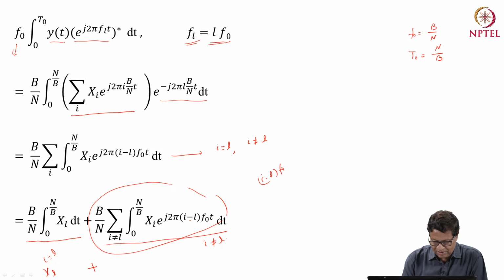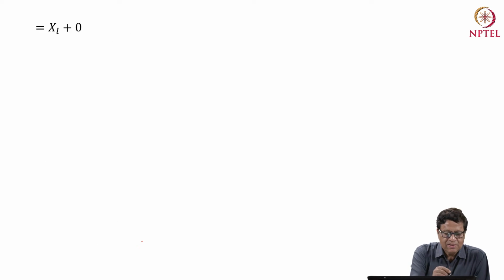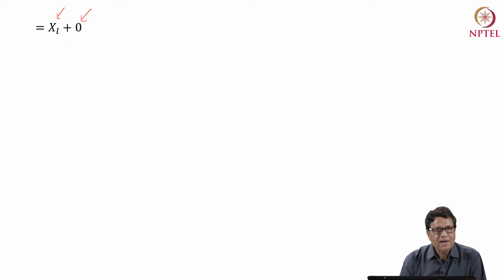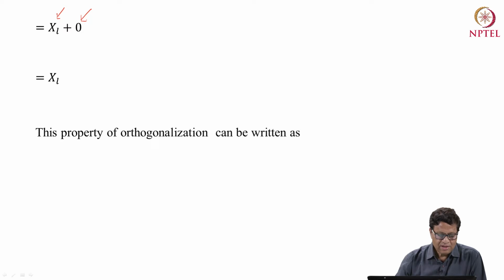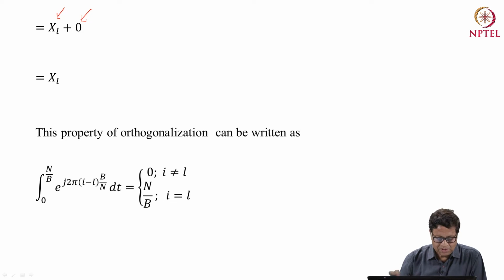It also amounts to saying that all the frequencies where i is not equal to l are orthogonal to each other. So this integral will be 0 because of orthogonality. So what I get is actually XL plus 0. XL is the data which is riding on the lth subcarrier. This is possible because of this property, where this is 0 if i is not equal to l, and if i is equal to l, this is equal to n by b.